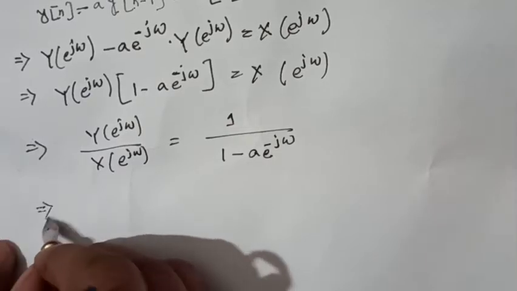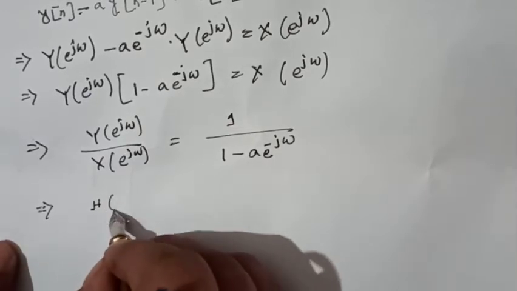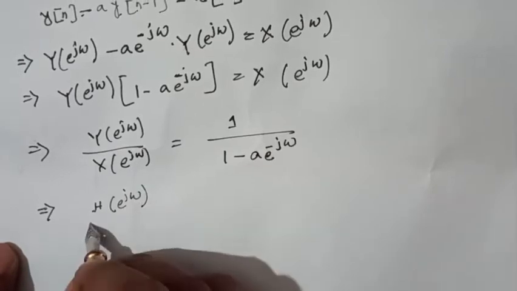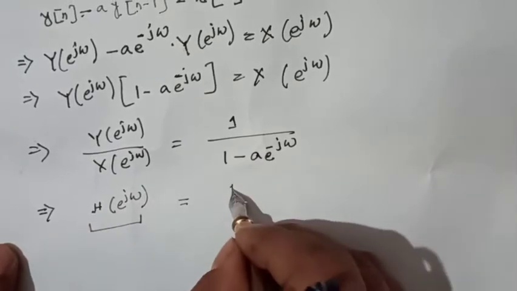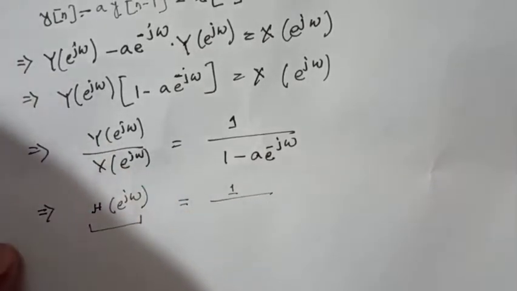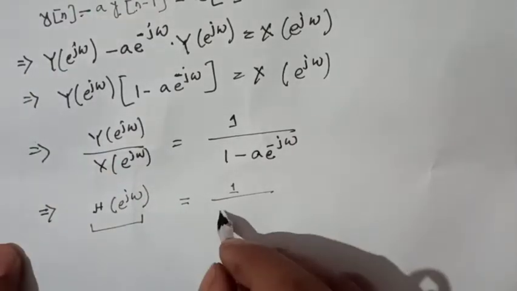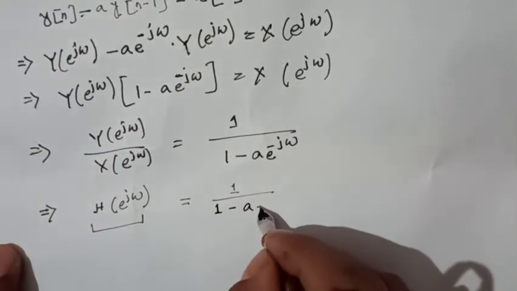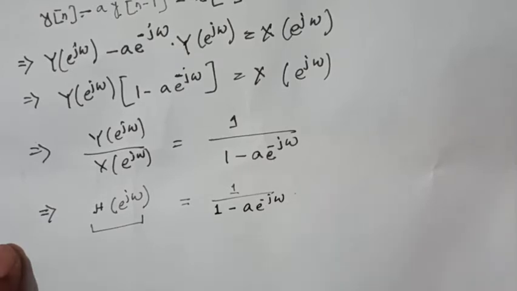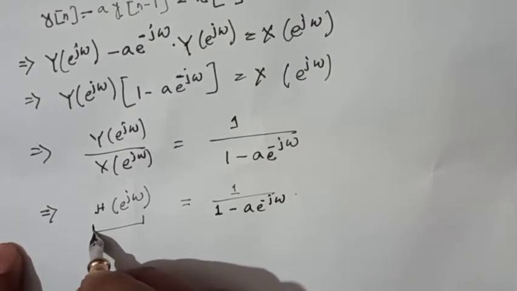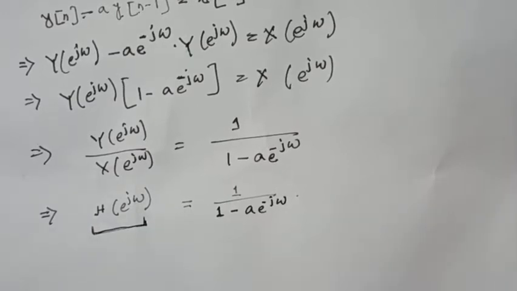That is, we can define it as H of e to the power j omega, which is the frequency response, 1 upon 1 minus a e to the power minus j omega. Okay, so from this, what we will get? This is the frequency response, and already we have come across that this H of e to the power j omega is nothing but the DTFT of the impulse response.